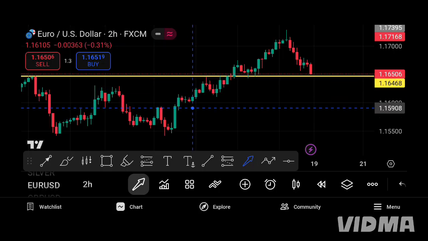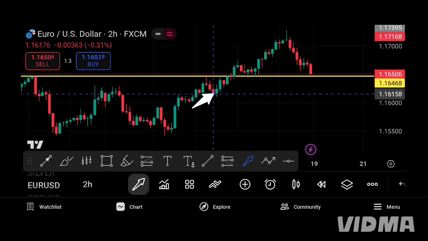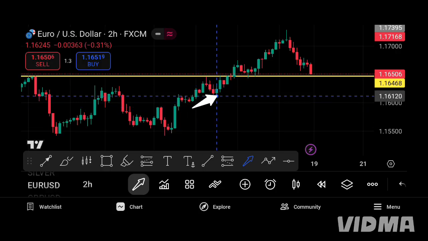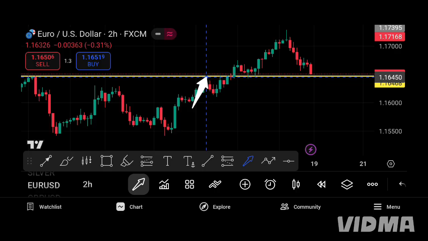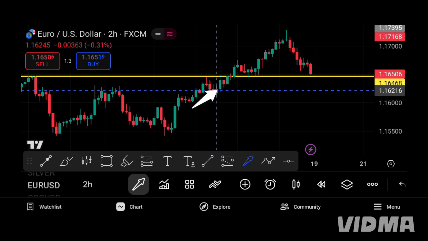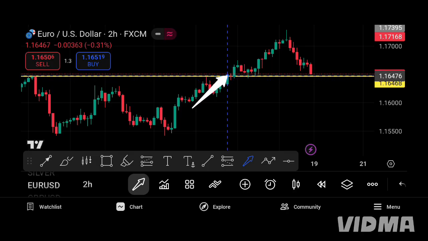Let me show you. We were here, entered here, remember, then there's a yellow line, we broke again, we made a higher high, then after just breaking here, we had another candle here. It is like a doji in between, so we also had another demand zone here.